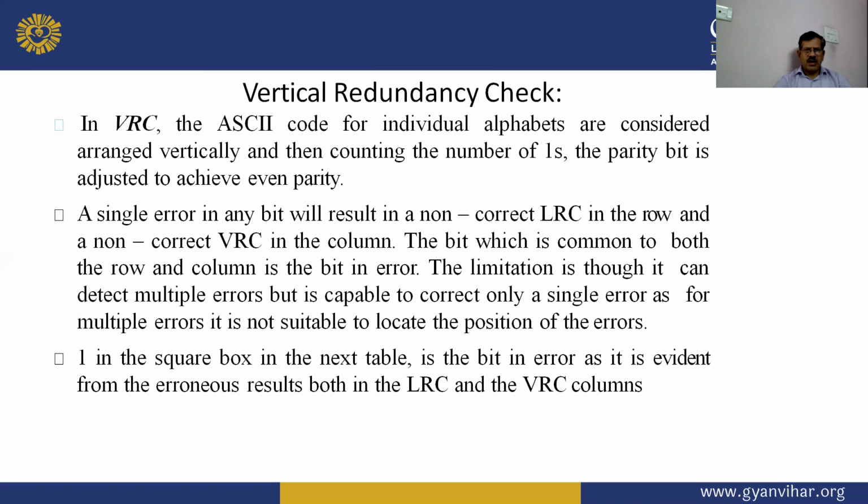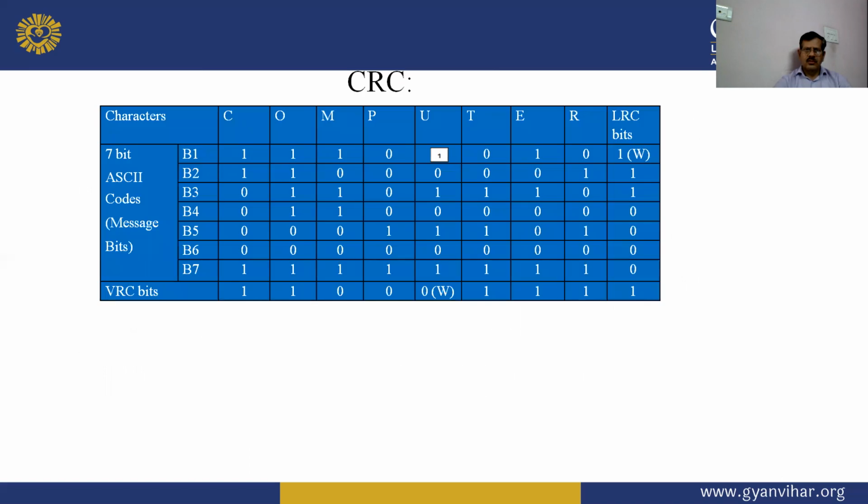The one in the square box in the next table is the bit in error, as is evident from the erroneous result in both the LRC and the VRC column.